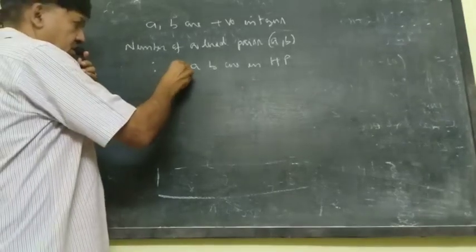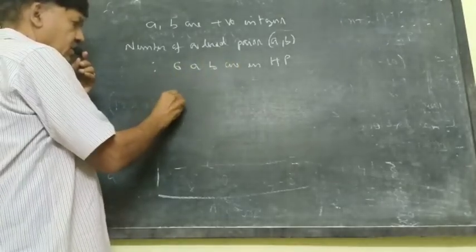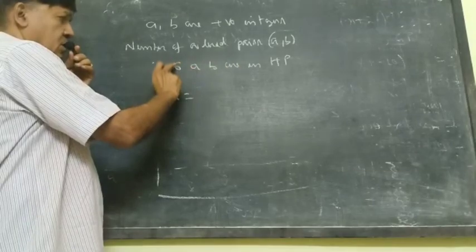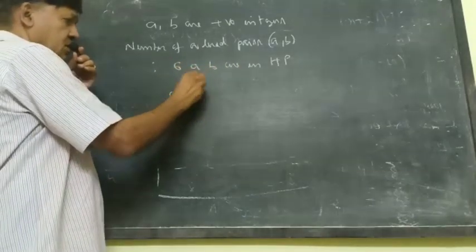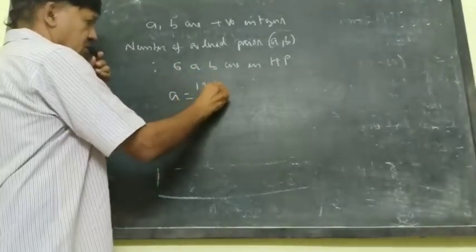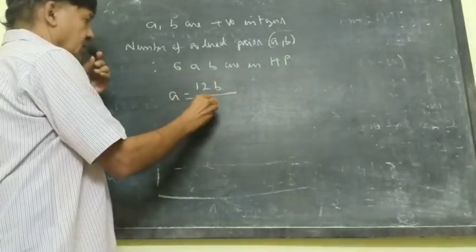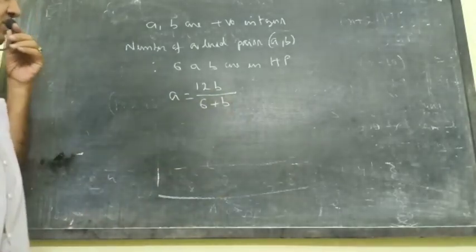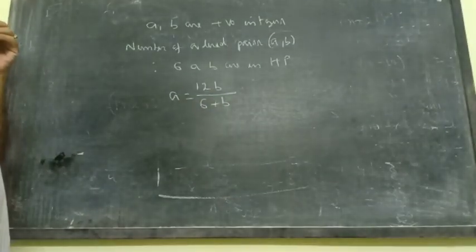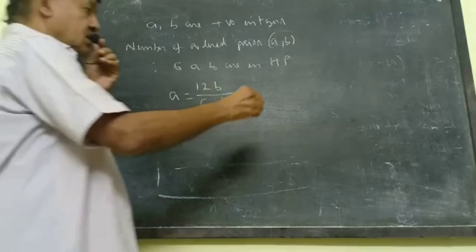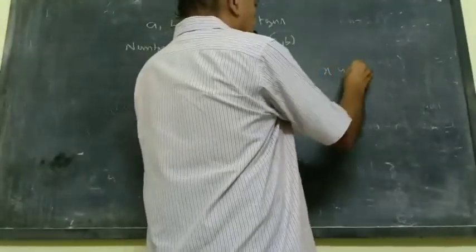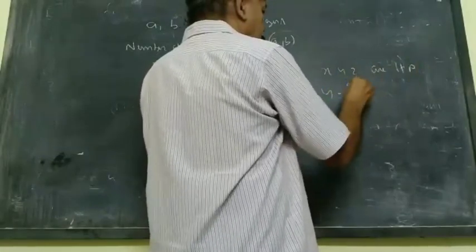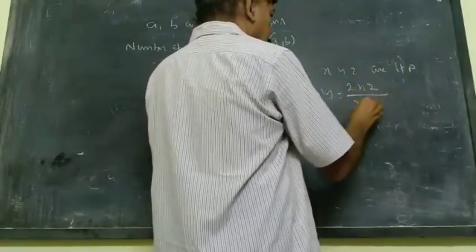See, when these three things are in AP, all of you know a is equal to 2 into this by this plus this. Means a is equal to 12b by 6 plus b, because x, y, z are in HP implies y is equal to 2xz by x plus z.